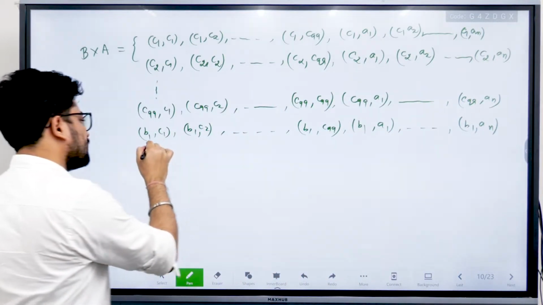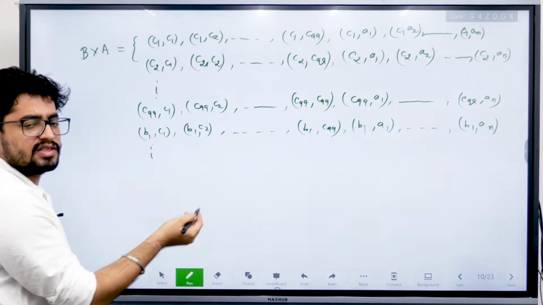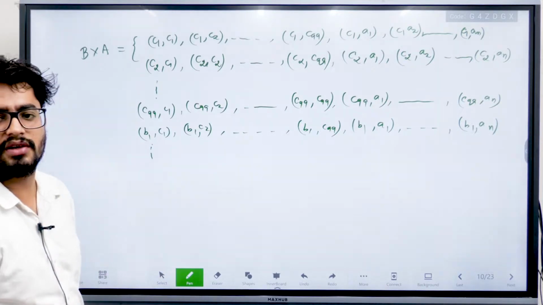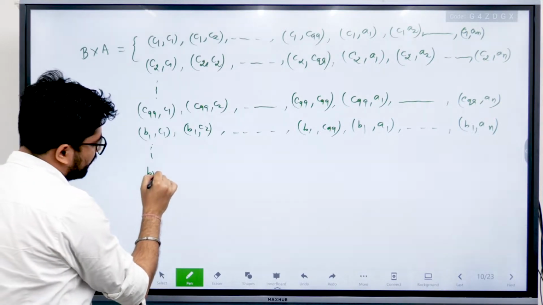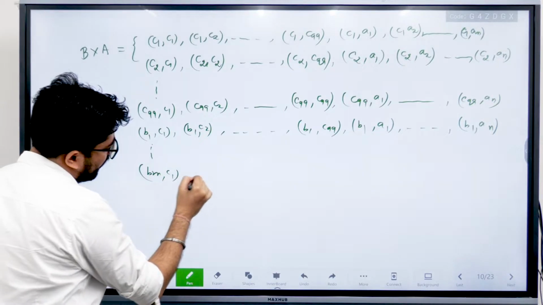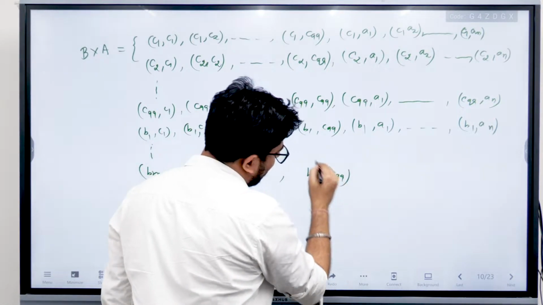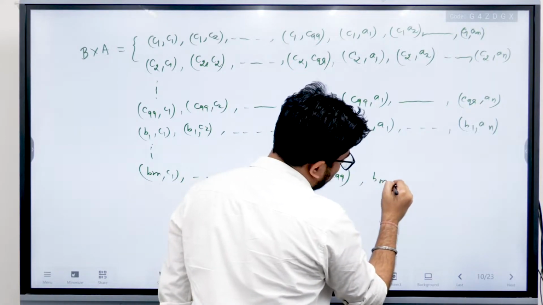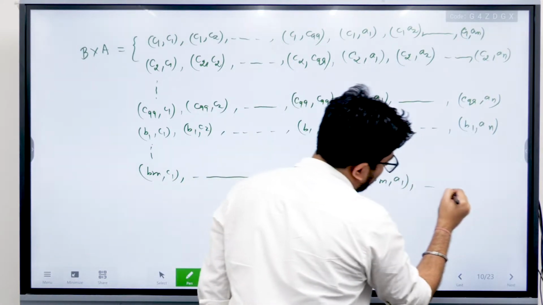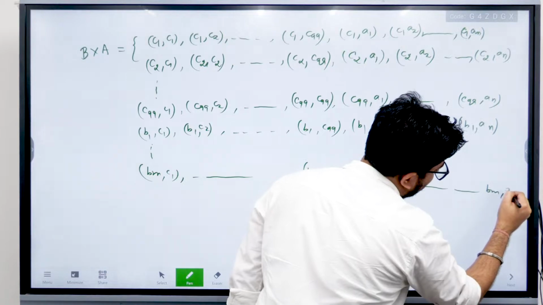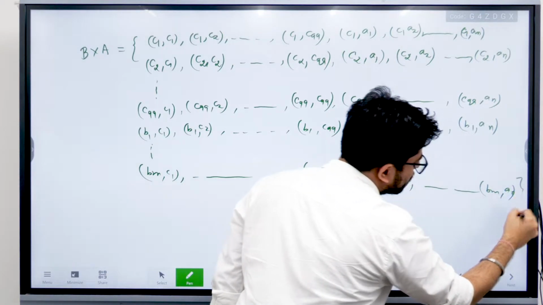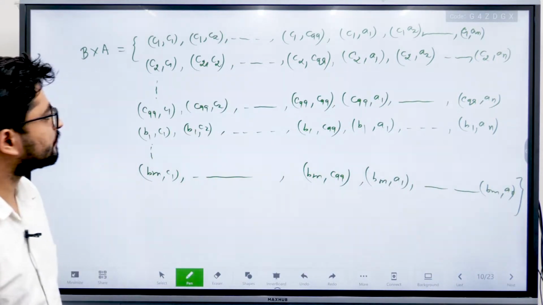Same thing you have for B2, B3, B4 and so on until BM: BM C1 and so on, BM C99, BM A1 and so on, BM AN. Okay, so this is your B cross A set.